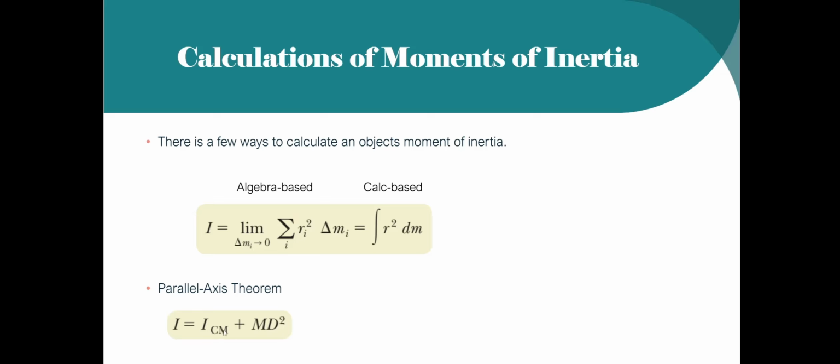Now, let's say you take a person and you drop them onto the merry-go-round. You've now changed the moment of inertia, right? You've added a mass to it. So what you can do with the parallel axis theorem is that you look at the disk when it's empty, and you take that moment of inertia, and then you add every change that you make to it. So in this case, we're adding a mass at some distance d.